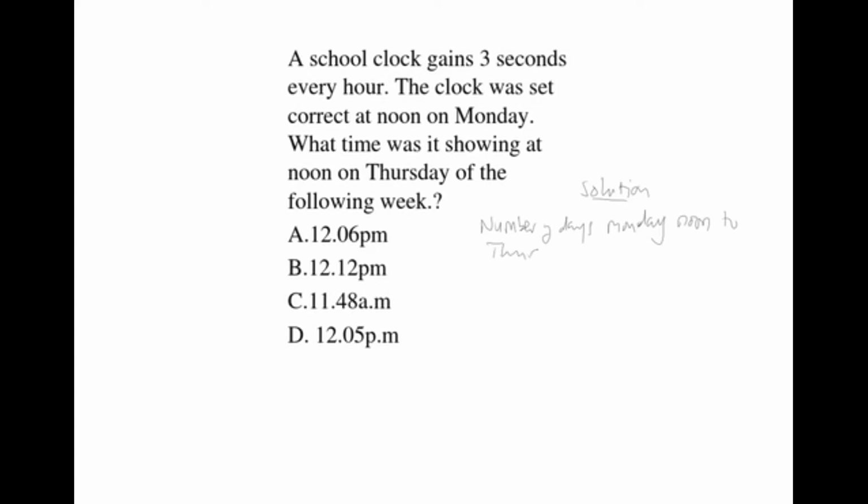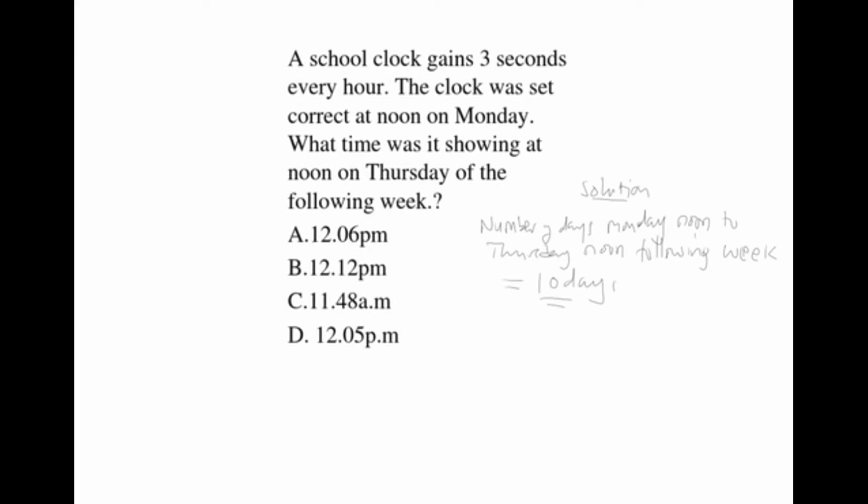Thursday noon the following week. So when you count the number of days from Monday noon to Thursday the following week noon, you get 10 days. So that's the number of days.